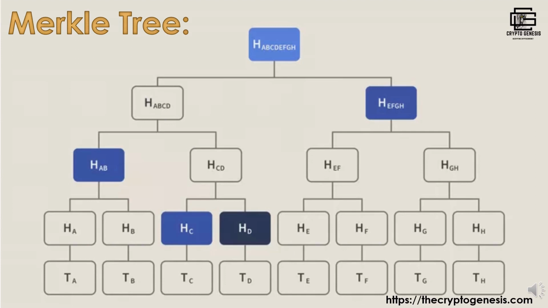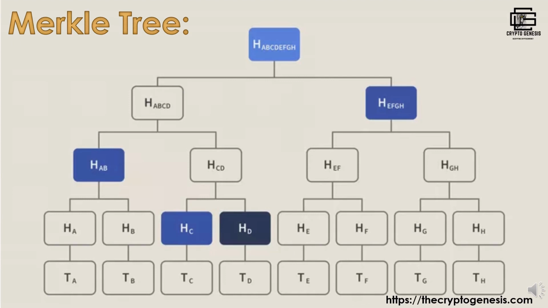Here we have 8 transactions, and each transaction has its hash from HA to HH. Then the two hashes HA and HB will pair and form hash HAB. Same goes with HCD and so on. Then the hashes of AB and CD will pair and make hash ABCD. And the other 4 transaction hashes will club and form hash EFGH.